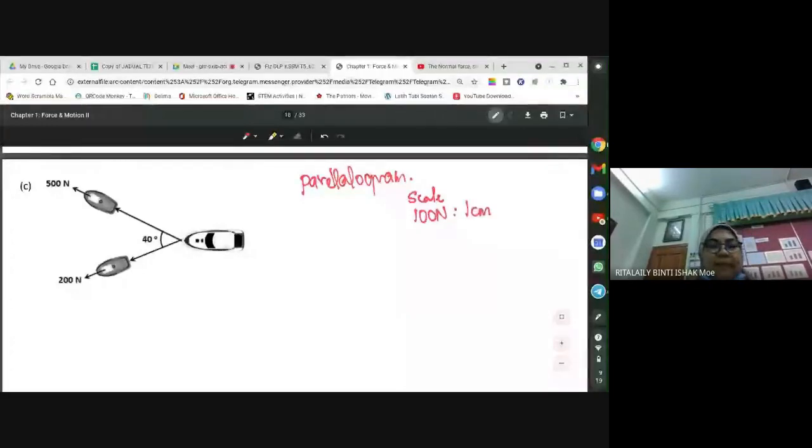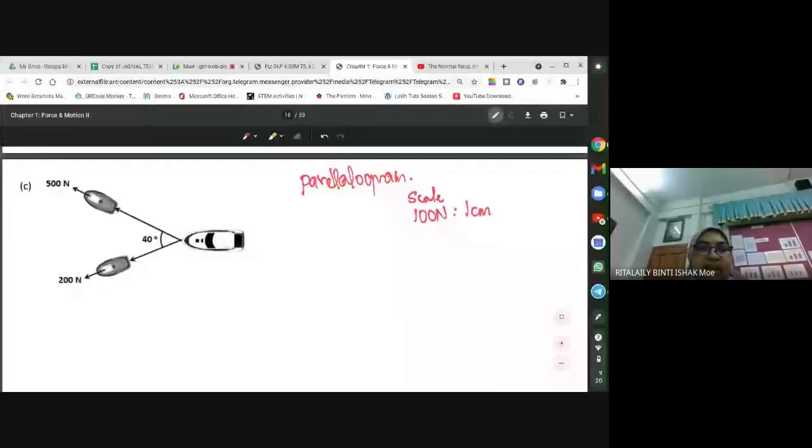The next step is we need to measure accurately the force and also the angle. For this method, we need to use a protractor to measure the angle accurately.